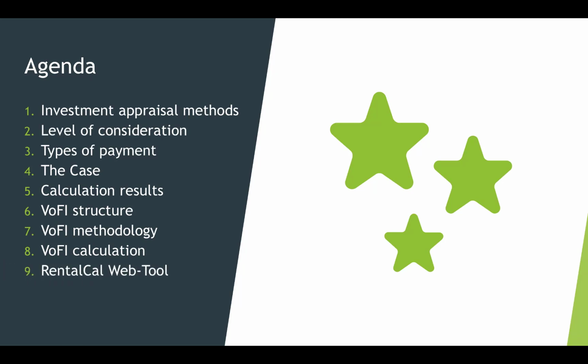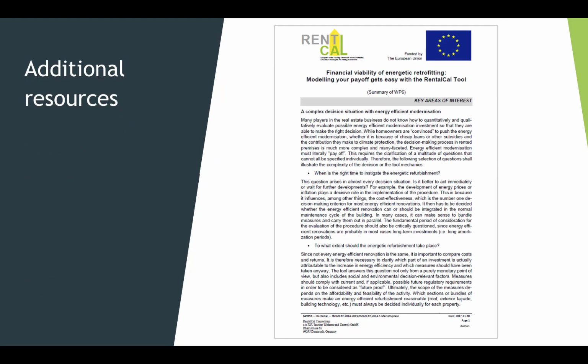Quickly, before we start with the tutorial, I just want to make you aware of a so-called 5-pager that also deals with the topics covered in this video. For those who are more interested in getting to know the underlying calculations, it provides you with interesting insights and additional literature.